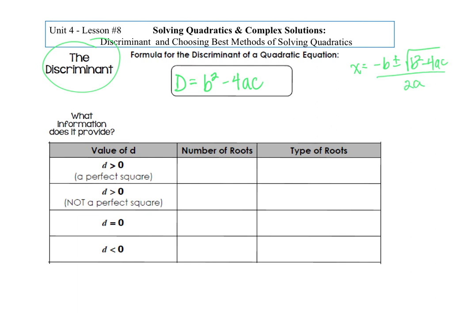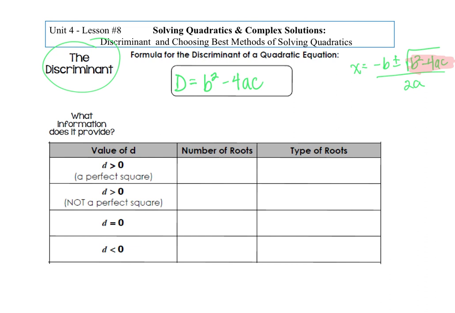So really the discriminant is pulled from the quadratic formula. It was the part underneath the radical, and that is a very significant idea because how the discriminant is applied, it's really on what kind of number would we be taking the square root of if we were using the quadratic formula. Okay, and we'll talk about that more here in a minute.